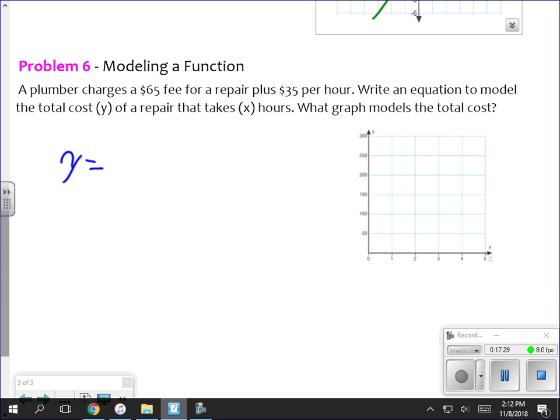So I have 2 parts to the equation. I have the constant amount that is the same every time, and then I have how much he charges per hour. Which one do you think would be the slope? The per hour one. So it would be 35x plus the $65 he charges.